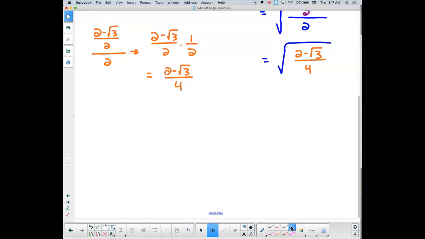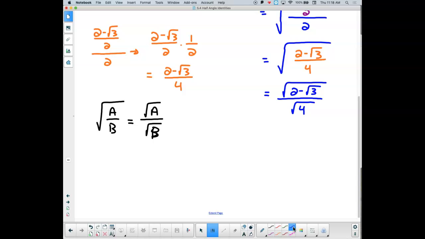Radical of a fraction. Oops, almost put 5. Okay. So this becomes... what's the square root of 4?